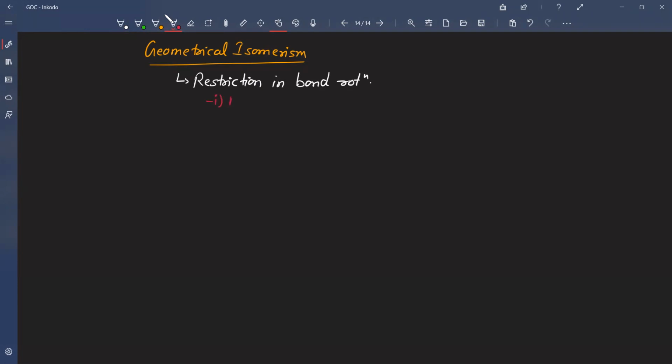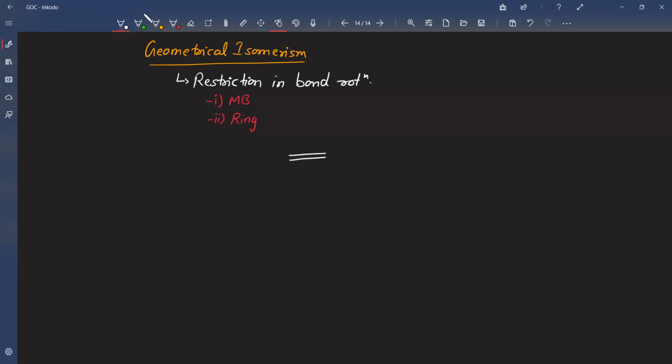One, if there is a case of multiple bond. Second, if there is a presence of ring in the structure. So in both the cases, there will be a restriction in bond rotation.